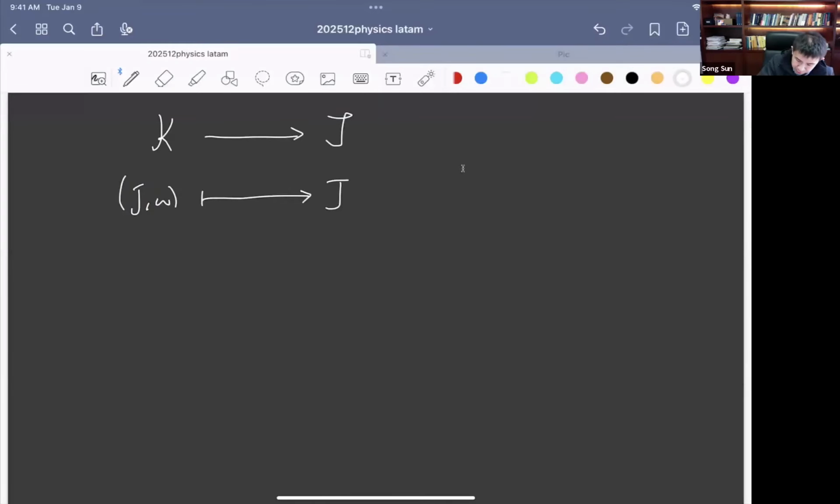For this map, let's call it φ, φ is actually injective. This follows from the Bando-Mabuchi uniqueness.